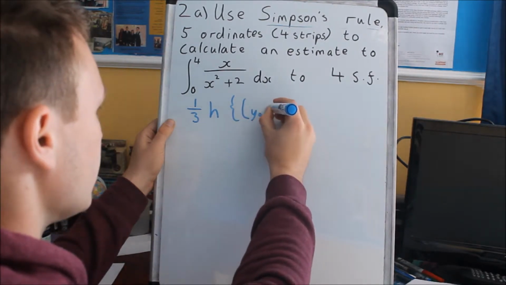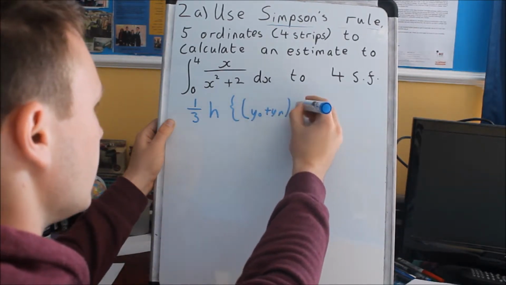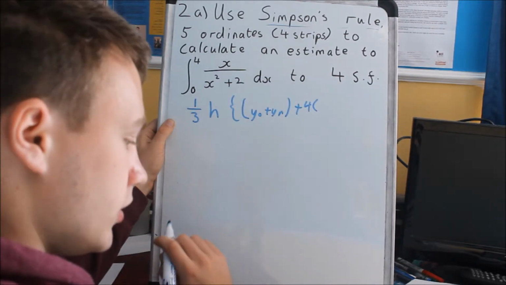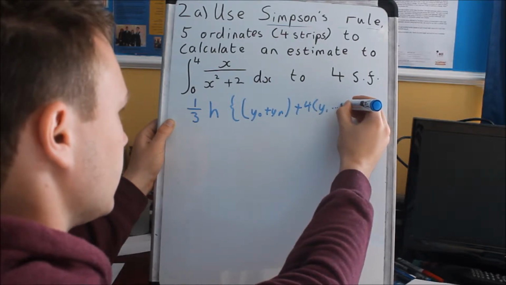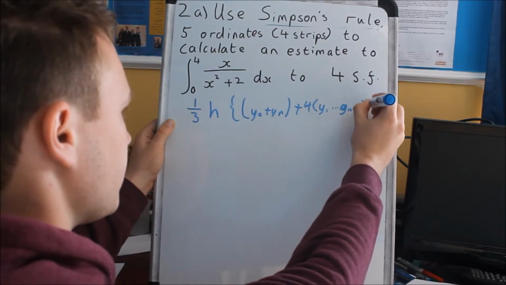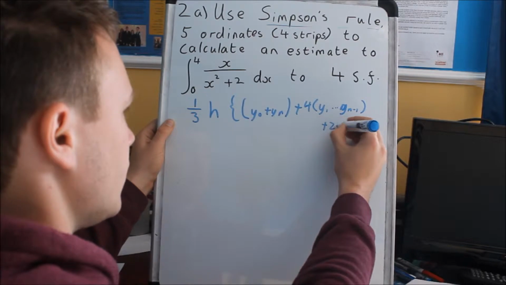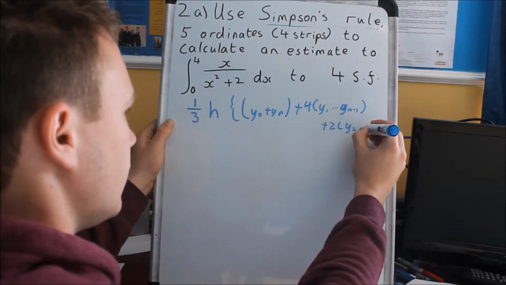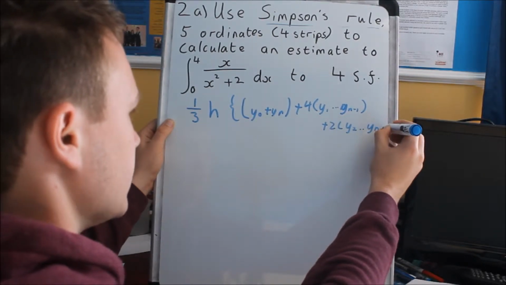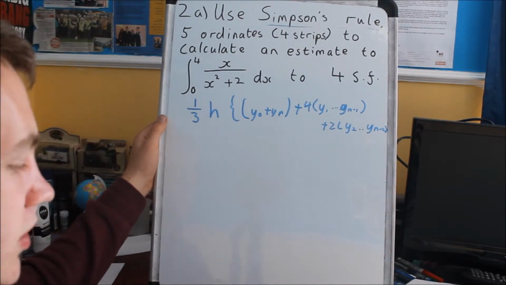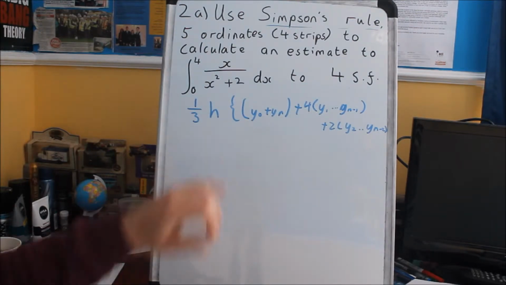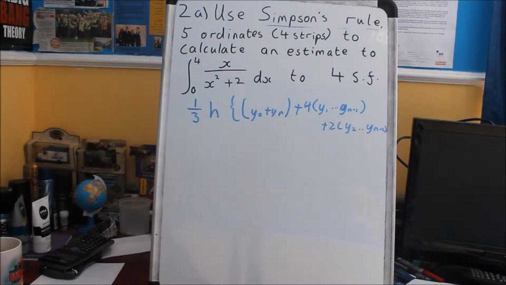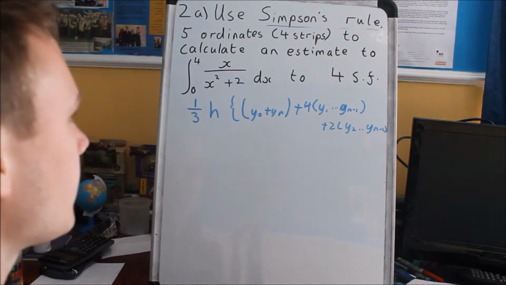So it's y0 plus yn plus 4 lots of y1, so on to yn minus 1, plus 2 lots of y2 all the way up to yn minus 2. That's just quoting the formula in your formula booklet. You may well get no marks, but in some past papers they do actually give you a method mark just for selecting the right equation. So that's friendly.